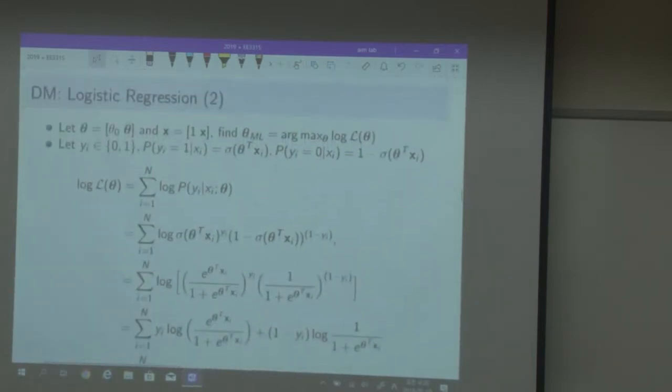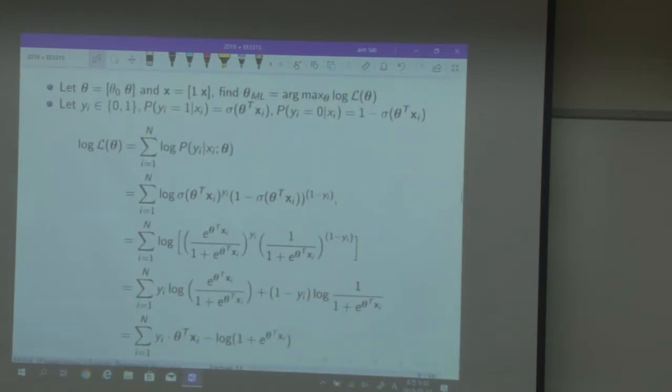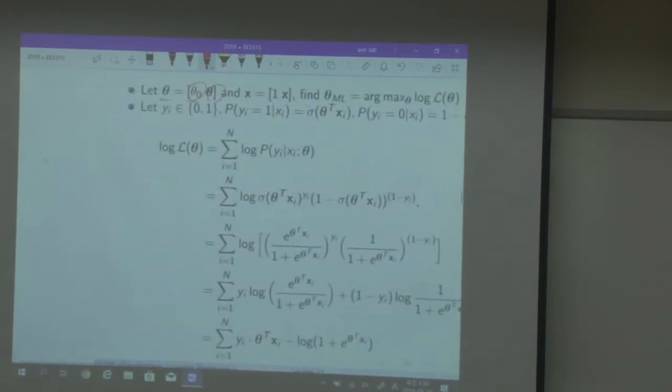Now, let's look at this. Let's assume that theta is, I've defined this theta as the bias and this other term. It's a vector, all vectors of the parameters that define the class. P plus 1, and there's the bias.